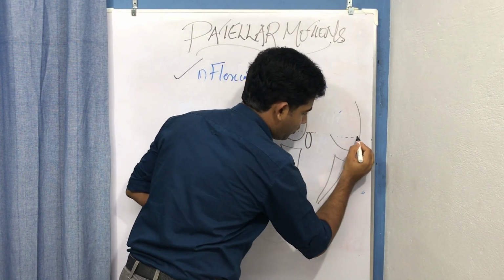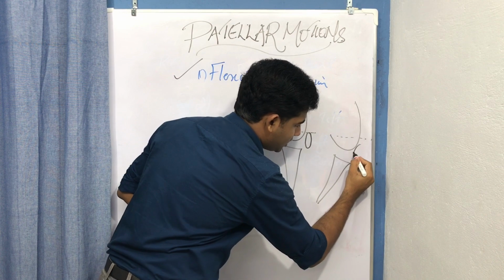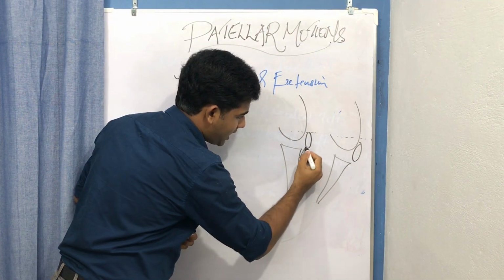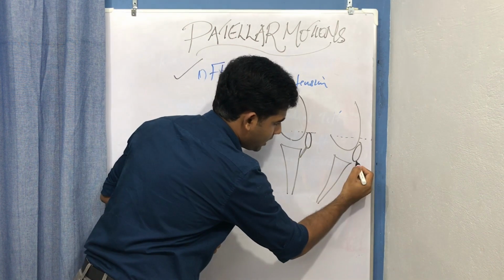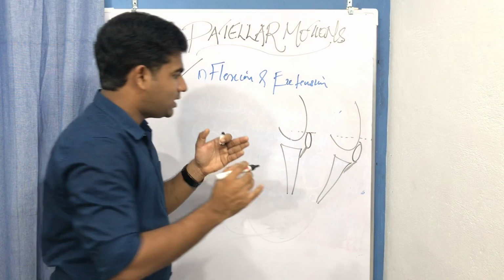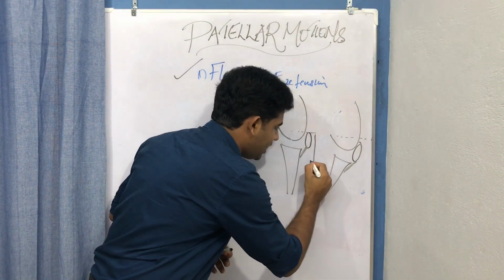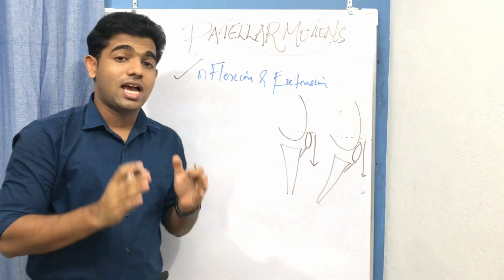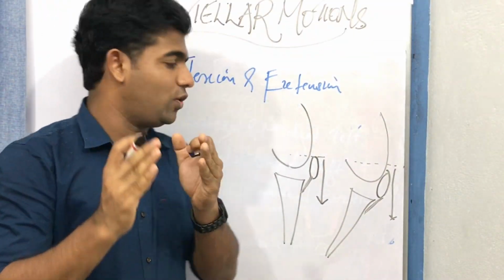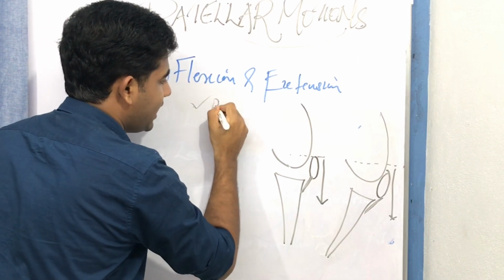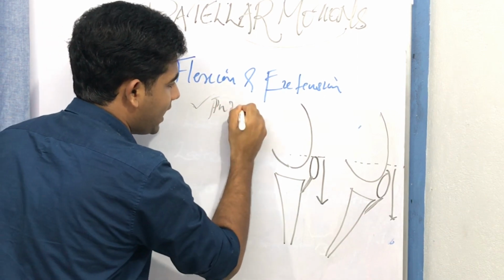We draw that line over here, but at this point the patella comes down, because this is the attachment site that is going to pull it. That means the patella is going for an inferior glide. So in flexion, the patella has an inferior glide.